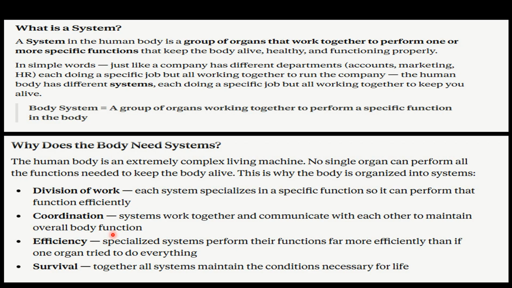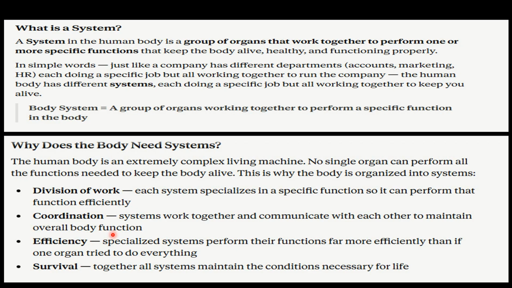Now if you relate it to a company, a company has different departments: an accounts department, a marketing department and an HR department, each doing a specific job but all working together to run the company. Similarly, the human body has different systems, each doing a specific job but all working together to keep you alive. I think with this company example you can relate to what we are talking about.